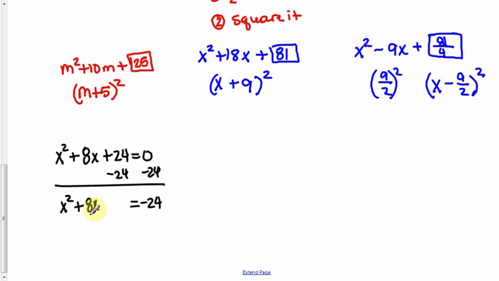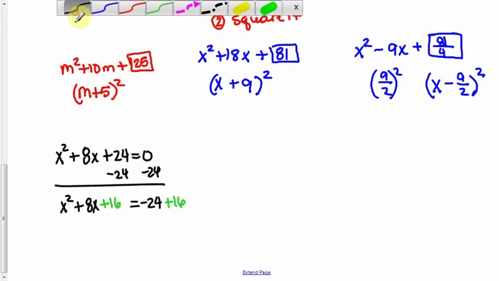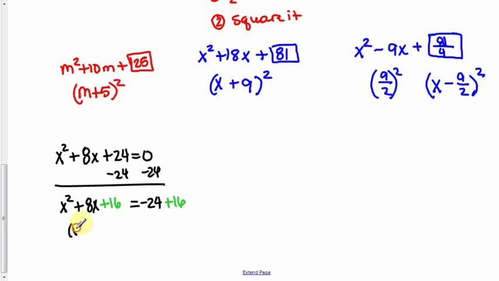Half of 8 is what? 4. 4 squared is, so I'm going to write plus 16 right here. I've now created a perfect square trinomial. Whatever you add to the left side, you have to add to the right side. You're going to factor it into x plus 4 quantity squared, and it's going to equal -8.